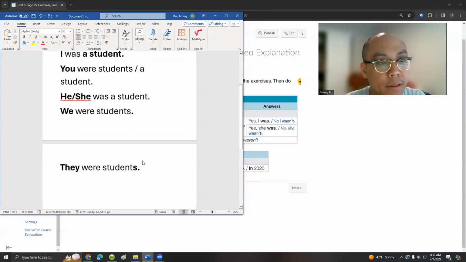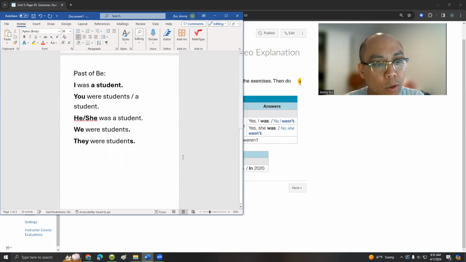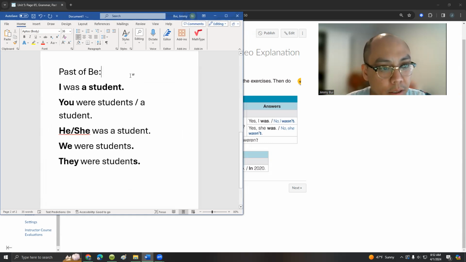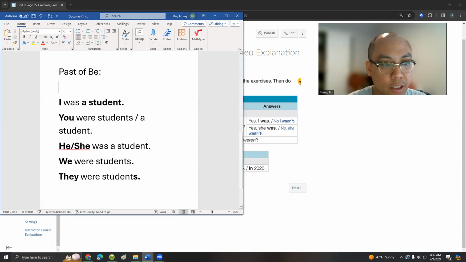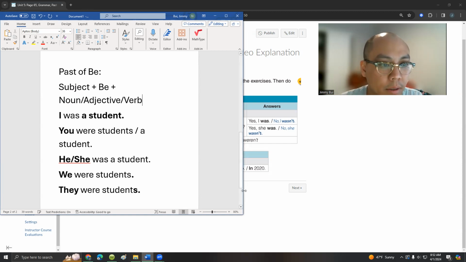Looking at the past tense of be again, when we have negative statements, the formula changes. Here we have subject plus be plus noun, adjective, verb.